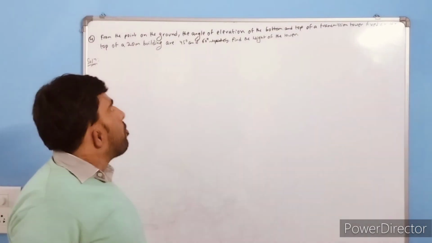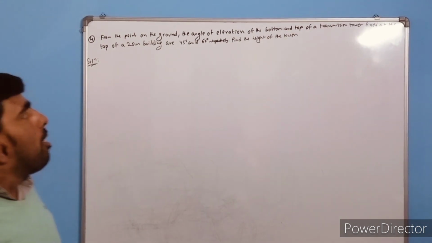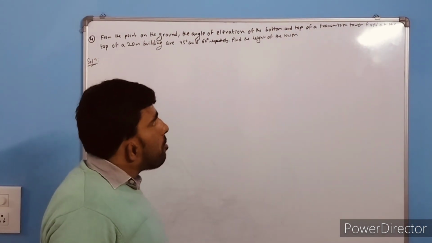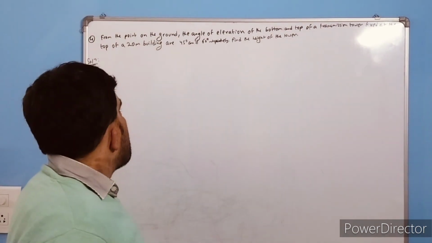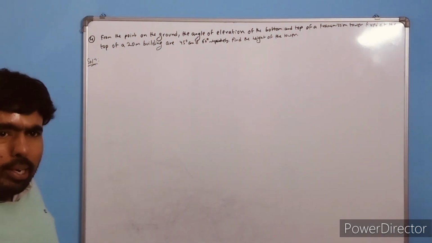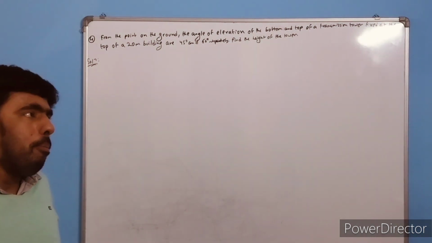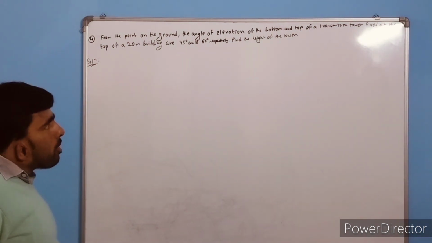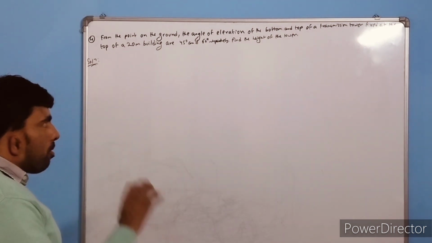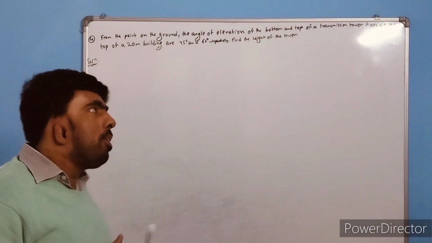The fourth question is given: from a point on the ground, the angle of elevation of the bottom and the top of a transmission tower fixed at the top of a 20-meter building are 45 degree and 60 degree respectively. Find the height of the tower. So let us first try to draw its picture representation so that we are able to solve it further.